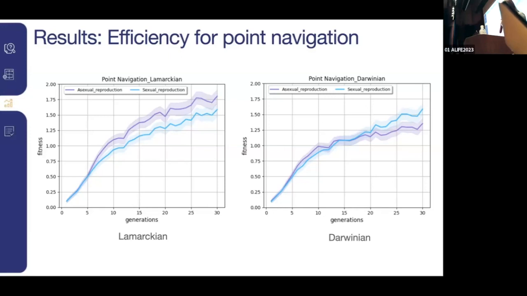From these two plots, we can tell that the asexual and sexual reproduction have opposite effects for the two different evolution frameworks. In the Lamarckian framework, the asexual reproduction achieved a higher mean fitness value, while in the Darwinian framework, sexual reproduction has a higher mean fitness value.